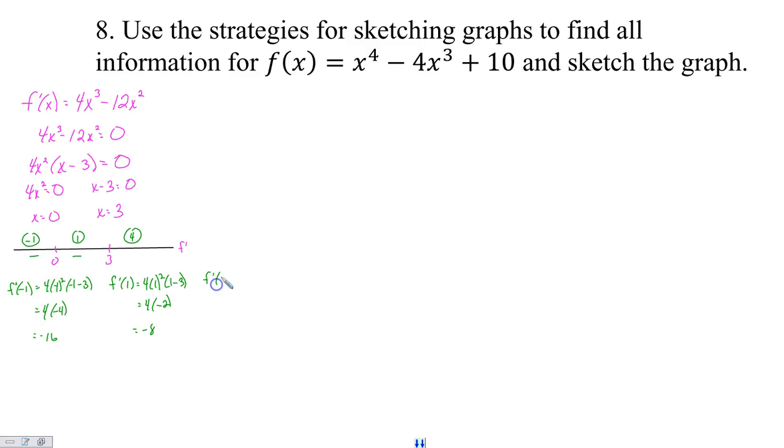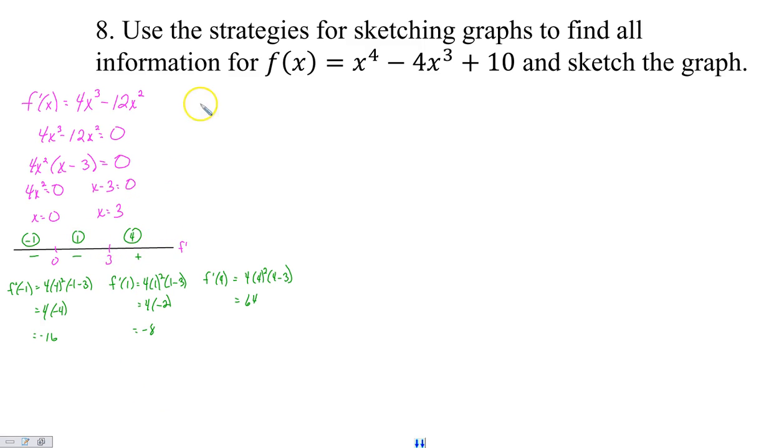So the first derivative evaluated at 4 is going to again be 4 times 4 squared times (4 minus 3). We don't even have to work this out if we don't want to. It is going to be 64, but you know you've got a positive and a positive and a positive. Everything's going to be positive. So it looks like I'm going to be decreasing and then increasing.